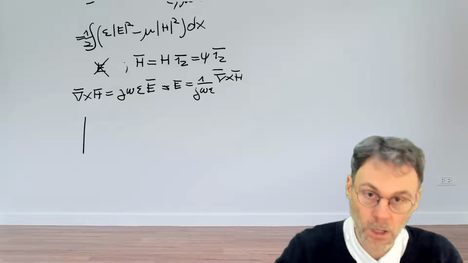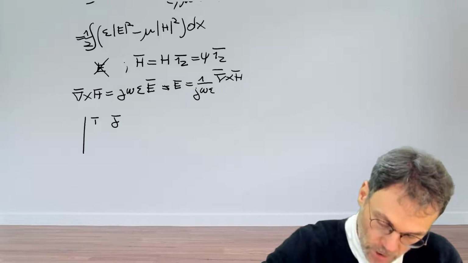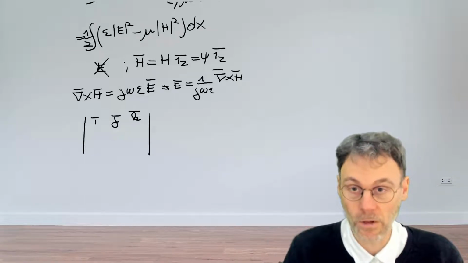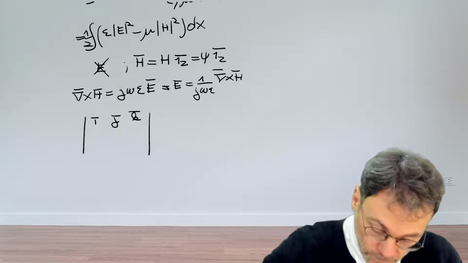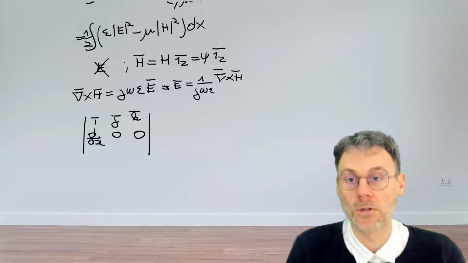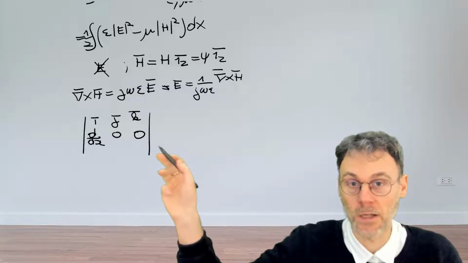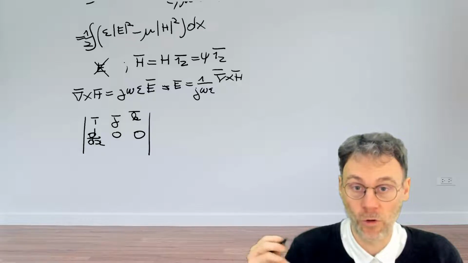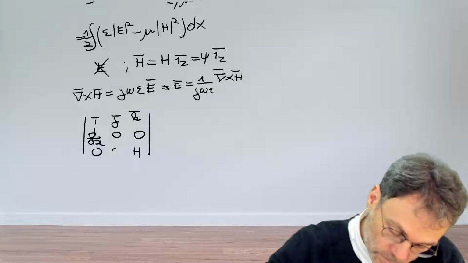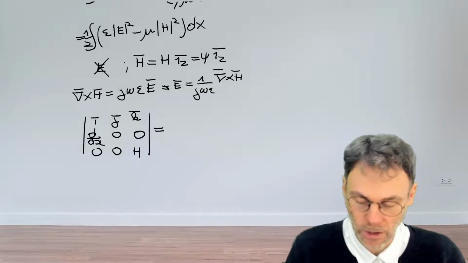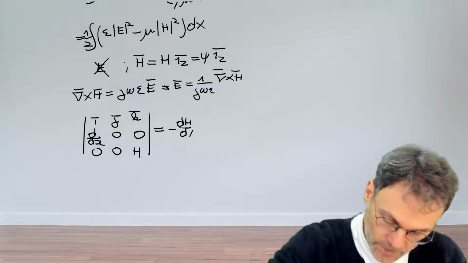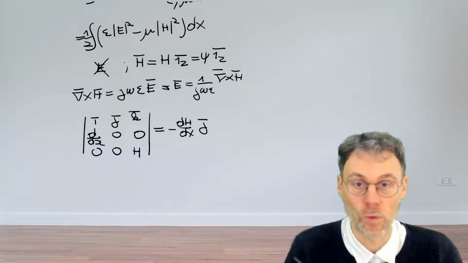Remember, for the curl, we look at the following determinant: unit vectors along the 3 directions, and then partial derivatives with respect to x, y, and z. In our case, there's only a derivative with respect to x, so this becomes a normal derivative. Stuff only varies as a function of x, so that's nice and simple. And in terms of components of H, we only have a component along z. So it's a very simple determinant. The only thing that we have left here is minus dH/dx along the y direction.